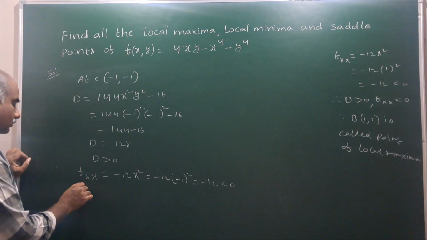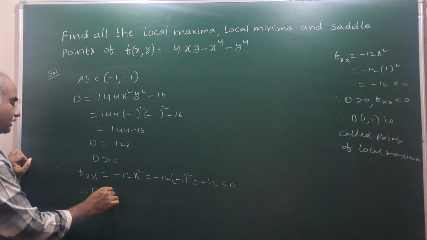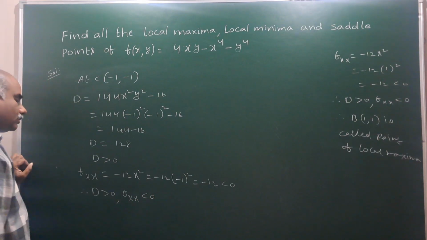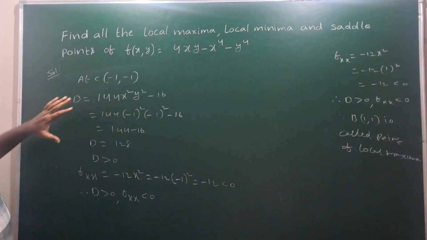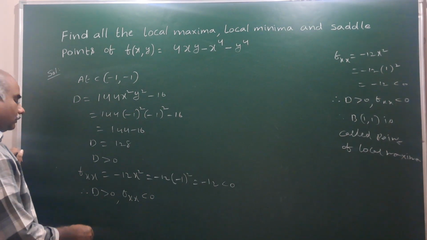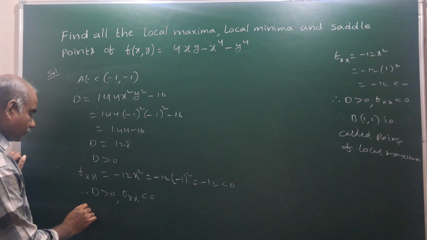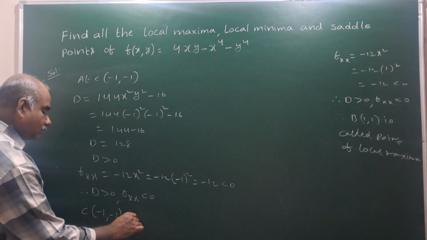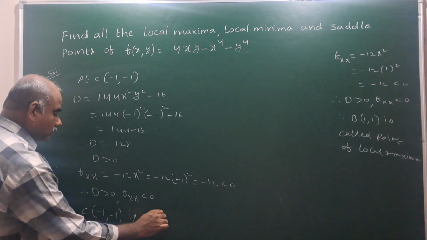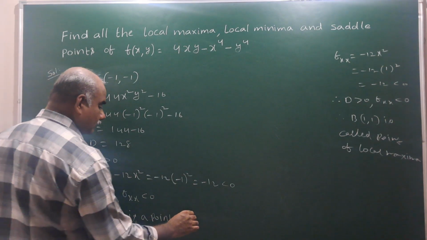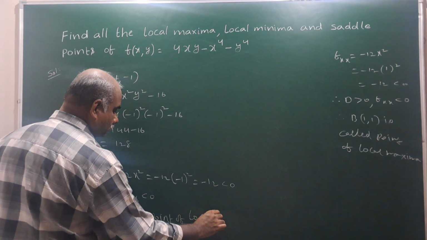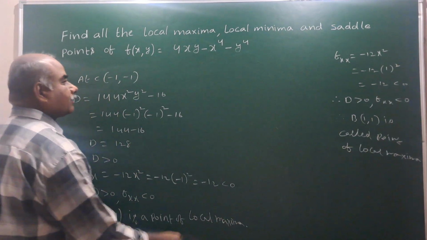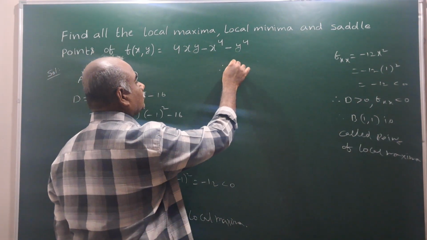Therefore the discriminant is greater than 0 and fxx is less than 0, so this point also is a point of local maxima. Therefore C (−1, −1) is a point of local maxima.